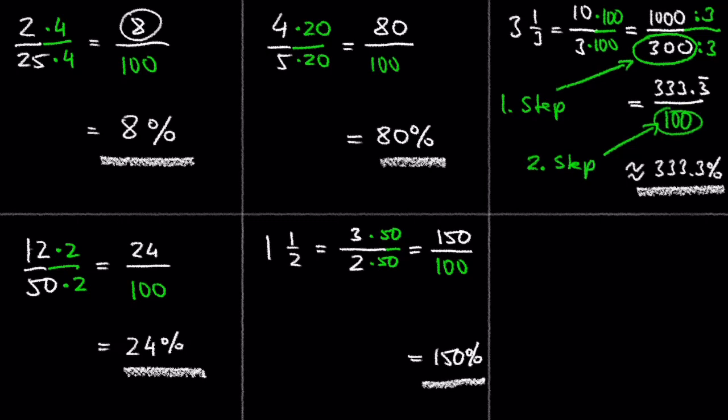Let's look at this last example, 1 and 1/6. Six times 1 is 6, plus 1 is 7. So we get 7/6. 100 is not divisible by 6, so we first have to go to 300.